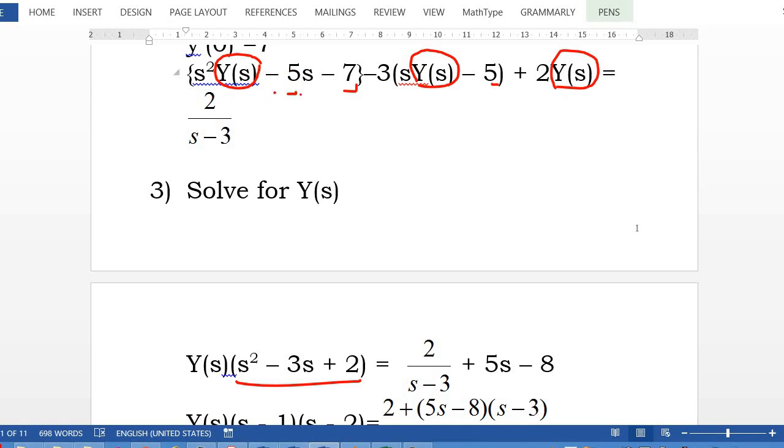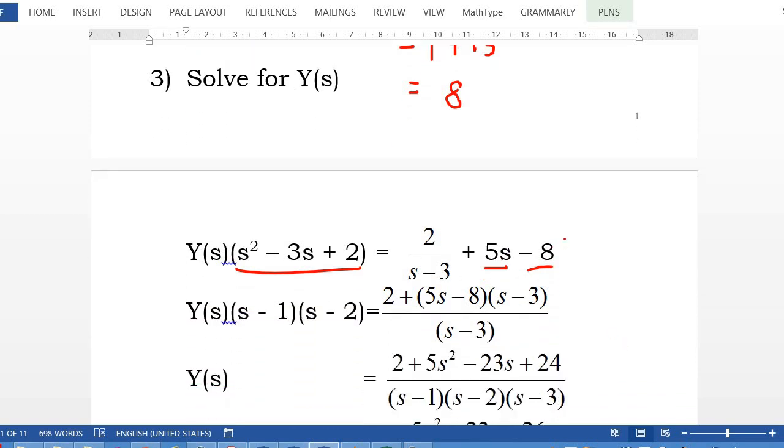So minus 5s minus 7 becomes positive 5s plus 7, and then negative 3 times negative 5 gives plus 15. In total, 7 plus 15 is 22... so the constant, when brought to the other side, becomes minus 8.